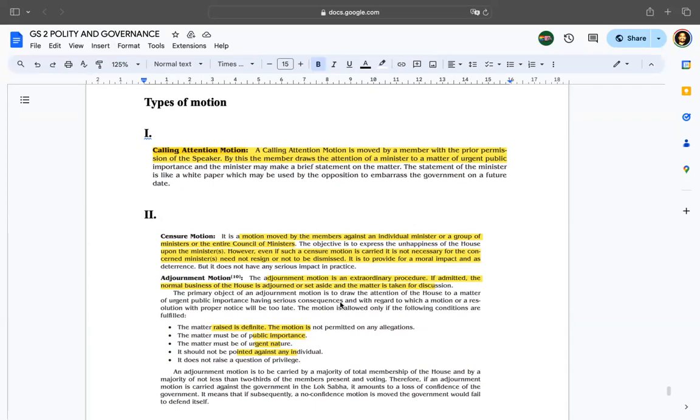So we have the technical aspects which are framed by the court over the course of time on the PIL submission. Similarly, in the parliament, every parliamentarian cannot be allowed to raise any matter under the category of general public importance. So first you have to present your matter under a category of motion, then that motion will have to be passed, and then the whole parliament will discuss that.